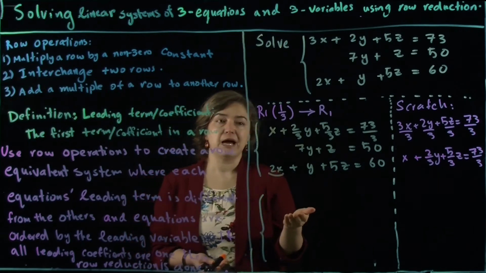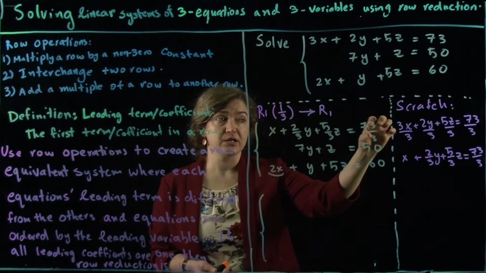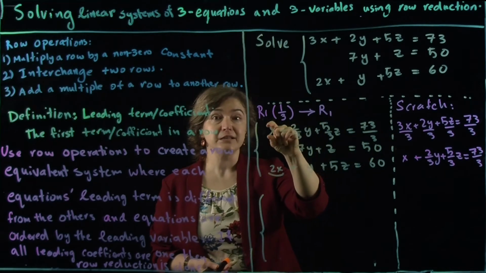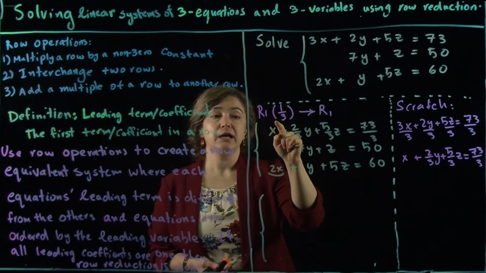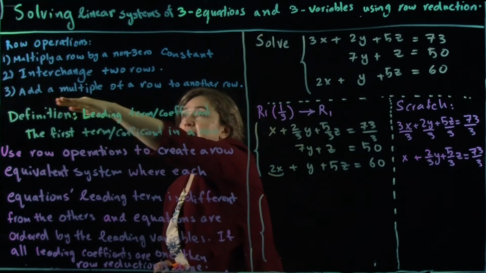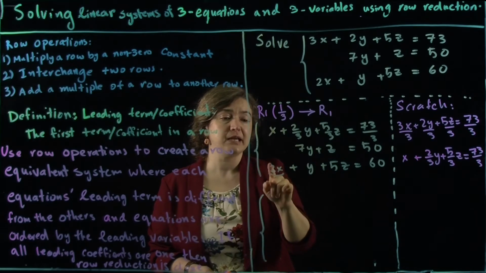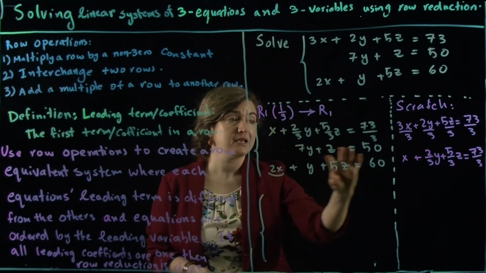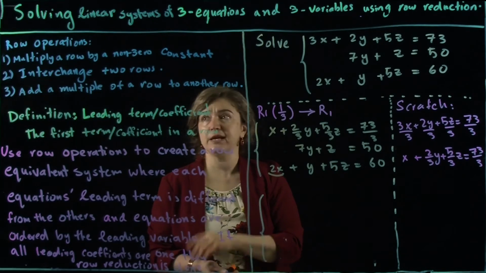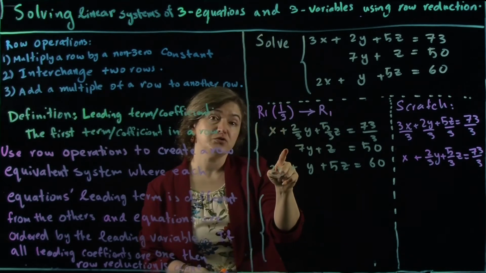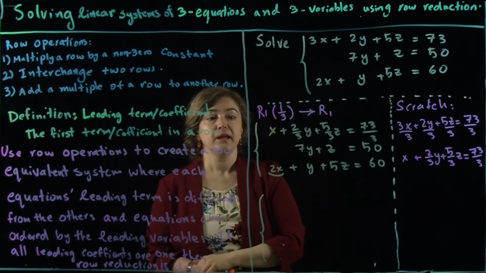So how do we do that? We use the equation with the leading term that contains that variable, and we use the third row operation to actually eliminate that 2x in the last equation. So again, equation 2 was done for us. I don't need to do anything.